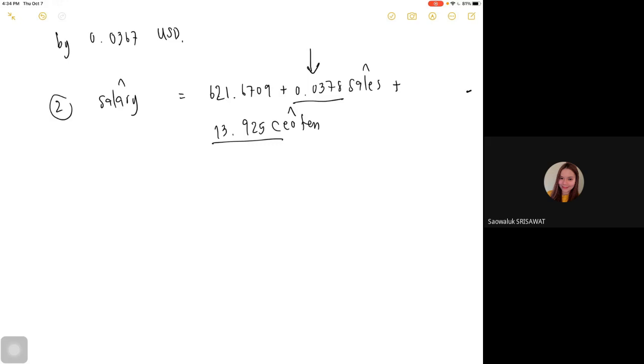So how about the CEO tenure here? An increase of 1 year of CEO tenure is going to increase salary by about $14. This is right. Make sense?